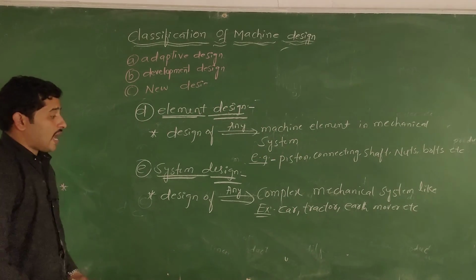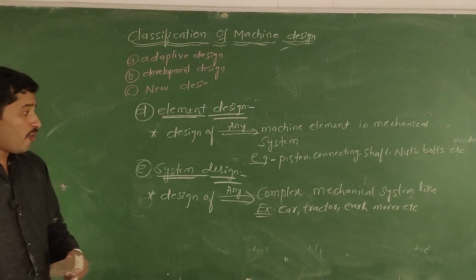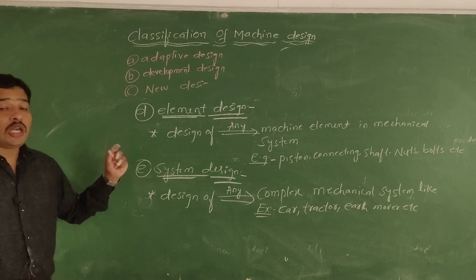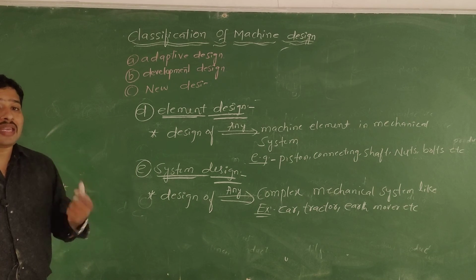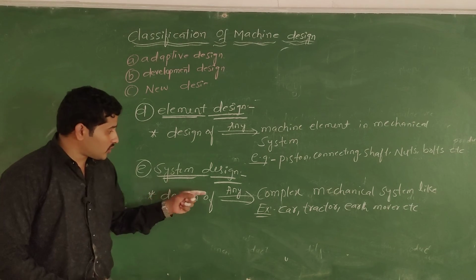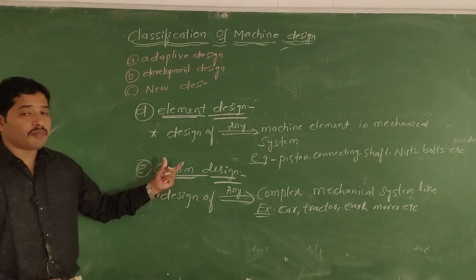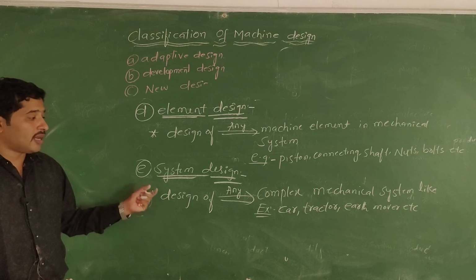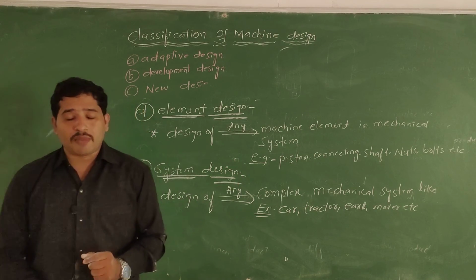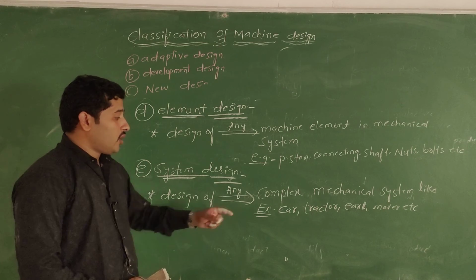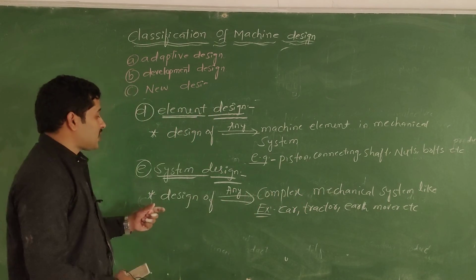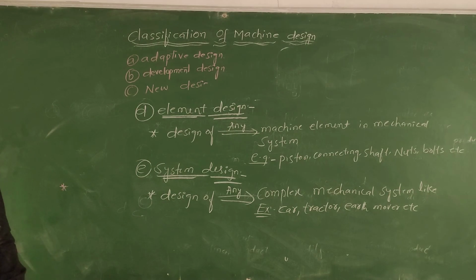In the system design, we have to make very complex structures, so it takes a lot of time to make the machine components of the elements. System design is nothing but the design of any complex mechanical system like a car, tractor, earth mover. That is the best example of system design.